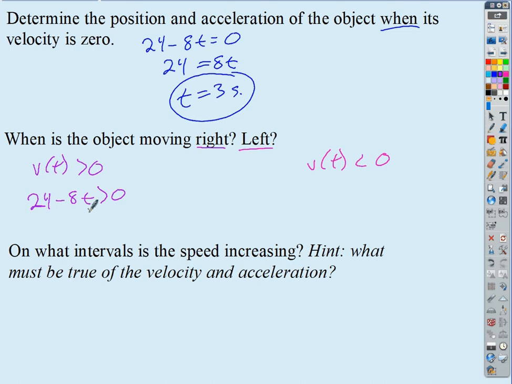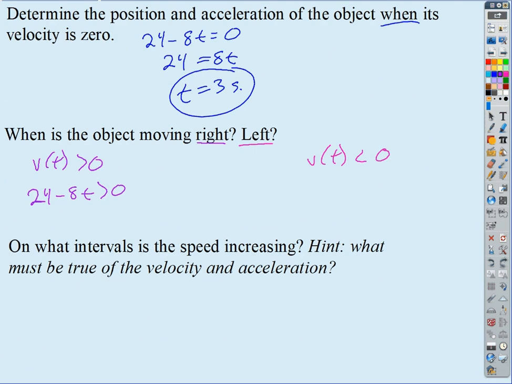Let's do one of these. What if I solve this inequality? How could I solve this one? What am I going to do? You'd walk me through a bunch of ways I could do it. Add 8t to both sides, that's fine, so I get 24 is greater than 8t, divide by 8. And so I end up with what? t is less than 3.